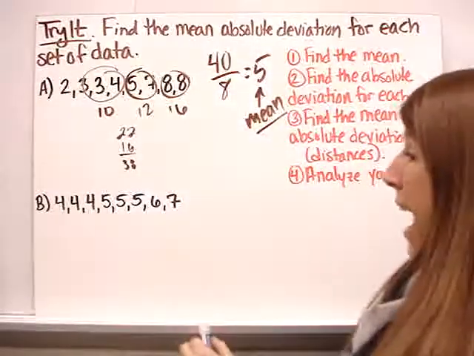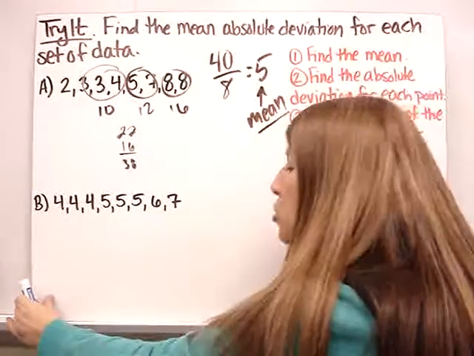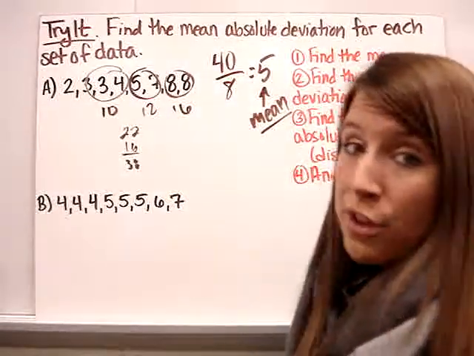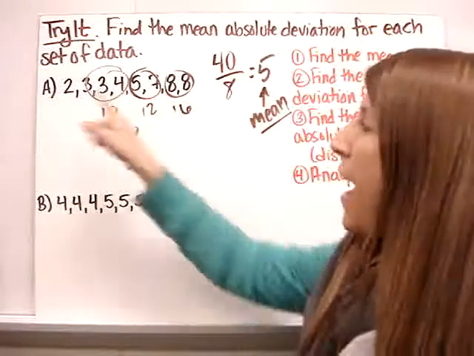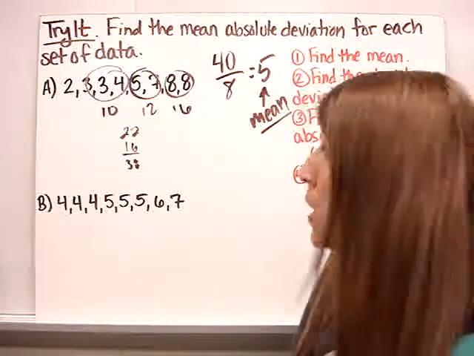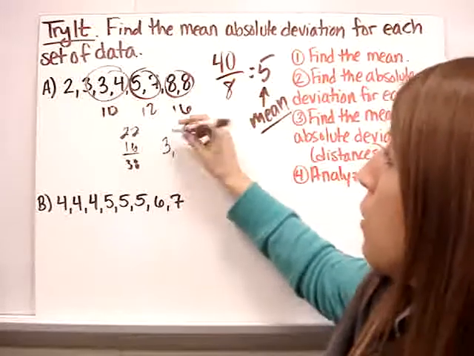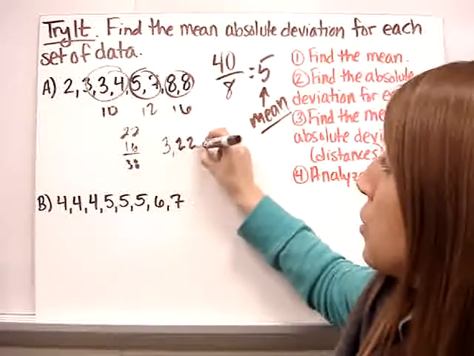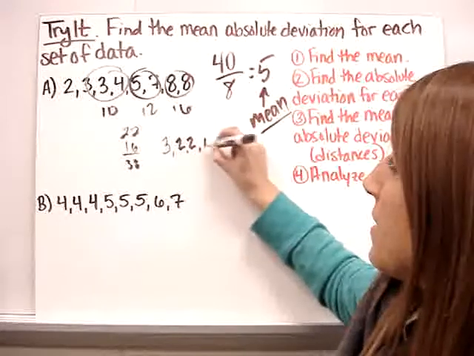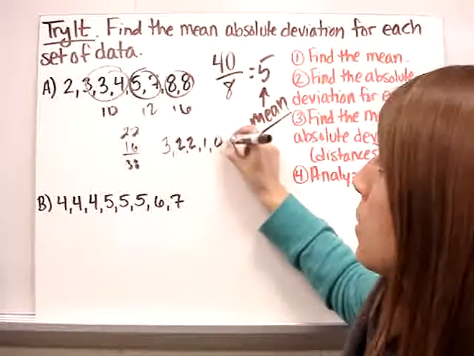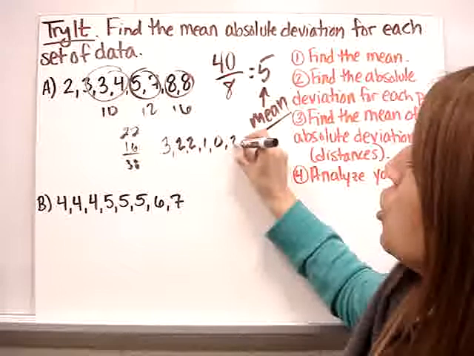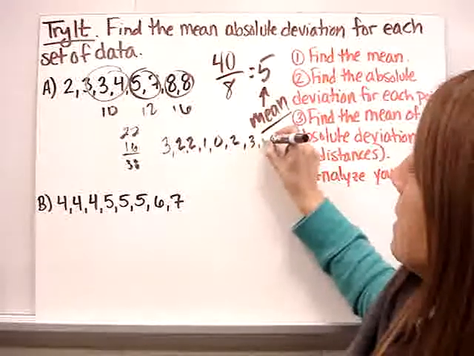So now I need to find the absolute deviations from 5, which means how far away from 5 each of these data are. So from 2 to 5 is a distance of 3. From 3 to 5 is 2, and there are 2 of them. And then I've got a distance of 1, a distance of 0, a distance of 2, a distance of 3, and a distance of 3.